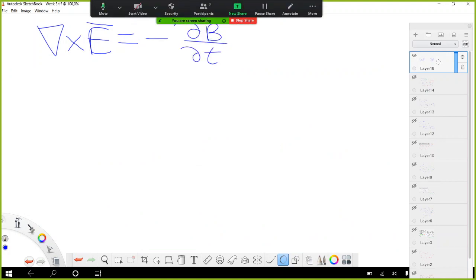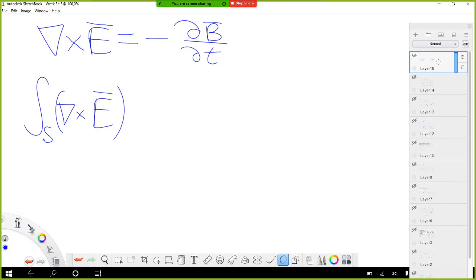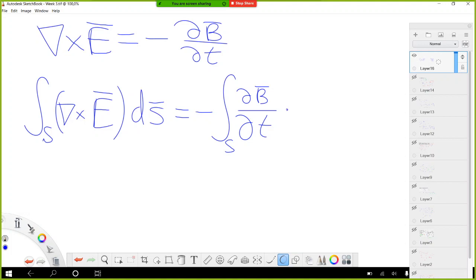Okay, now if we apply the integral to the left hand side and the right hand side, integral over the surface S of rotor of E equals minus dB over dt over the surface ds.